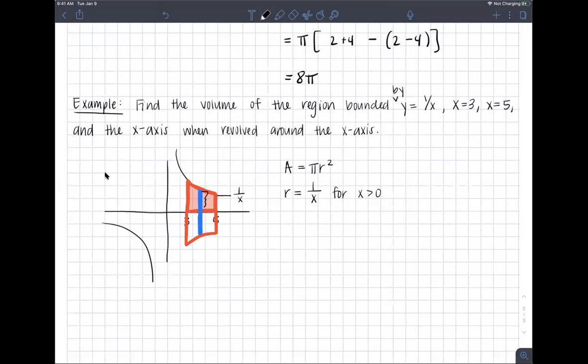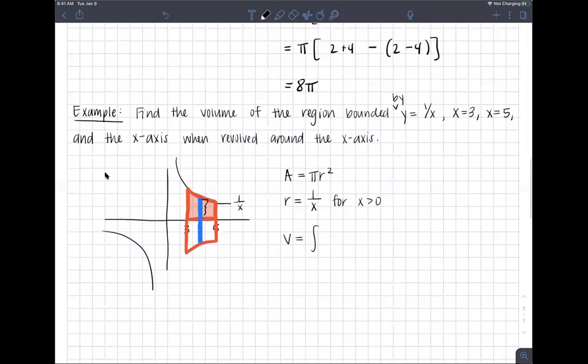And so when we do this, we're going to have that the volume is the sum of all the areas. And what are my limits going to be on this integral? Yeah, 3 to 5.